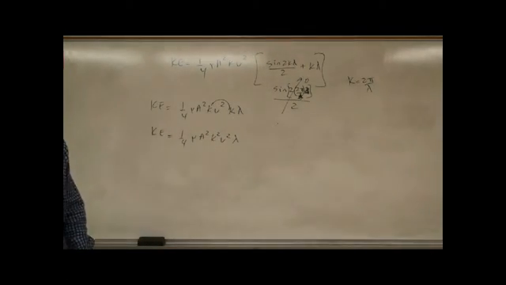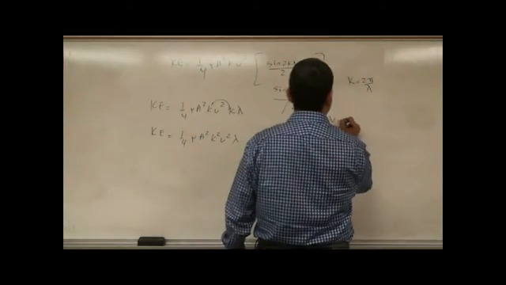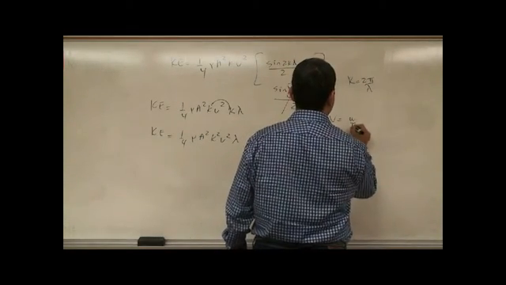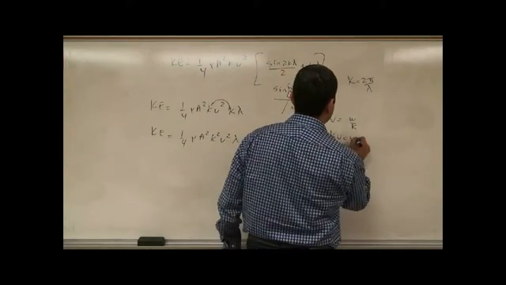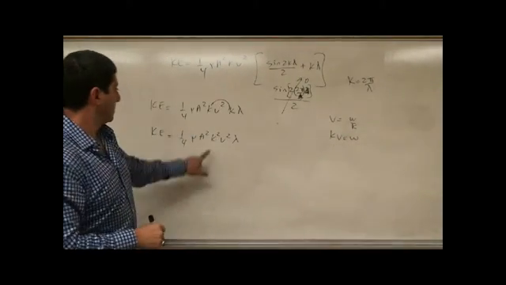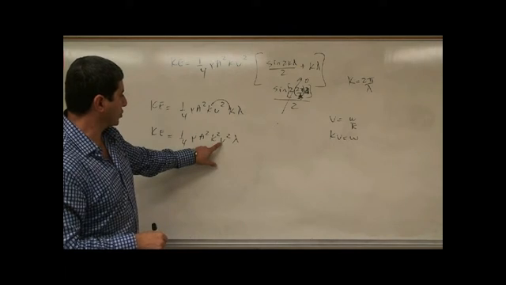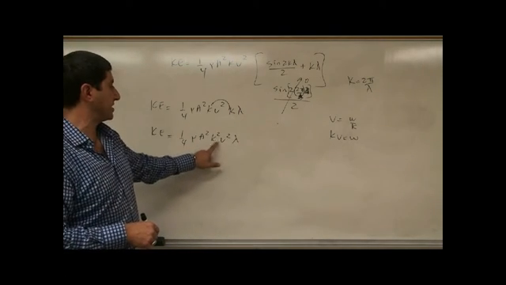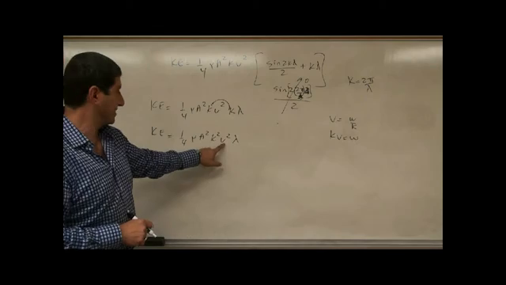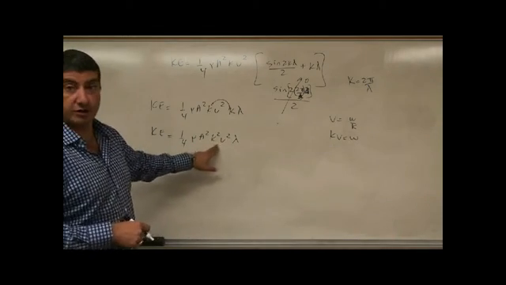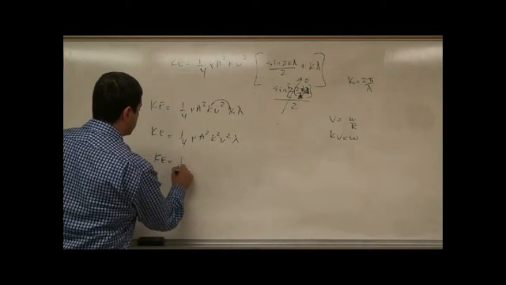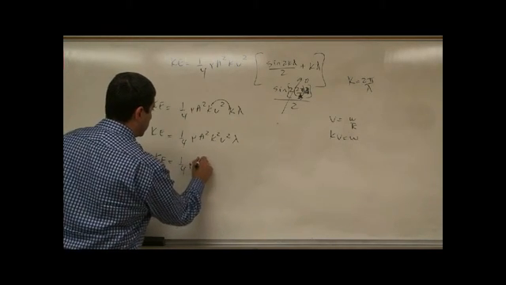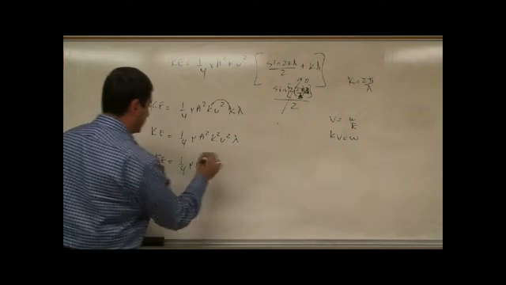Then I'm going to use the fact that v was equal to omega over k, right? So kv is going to equal omega, and so we can simplify this and just say this is omega squared, right? So we can get rid of 2 variables and just have 1 variable in there. So kinetic energy is going to be 1/4 mu a squared omega squared lambda.